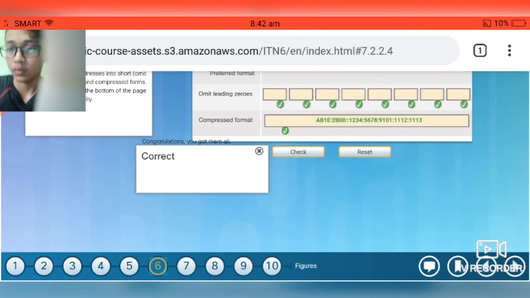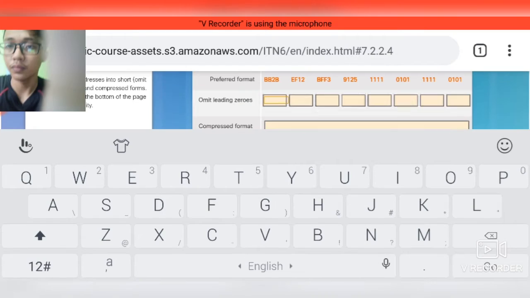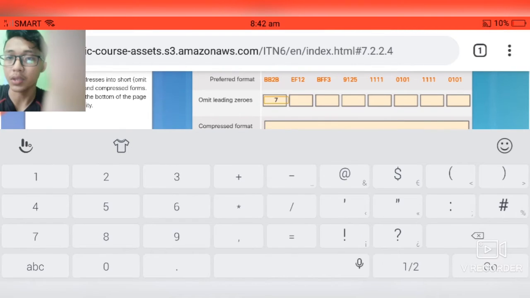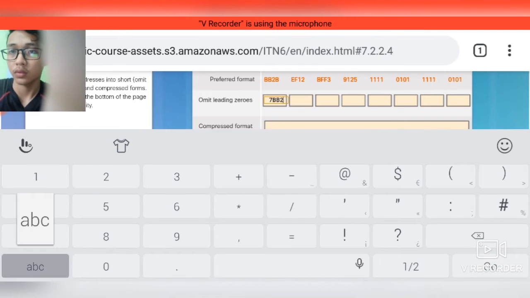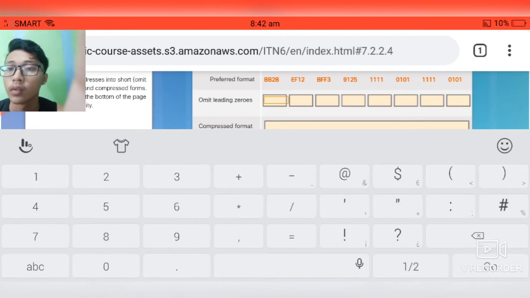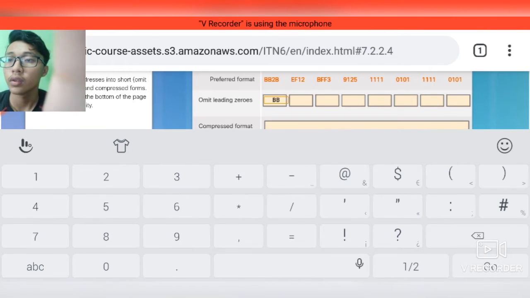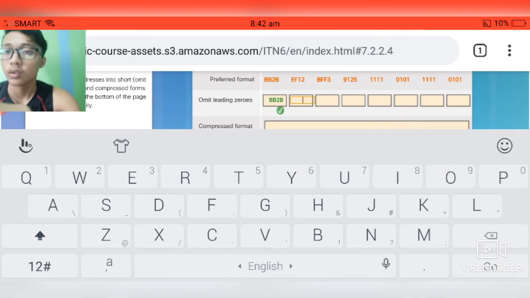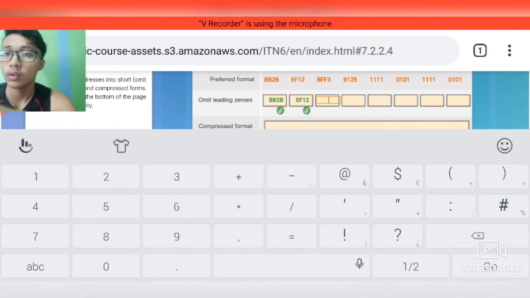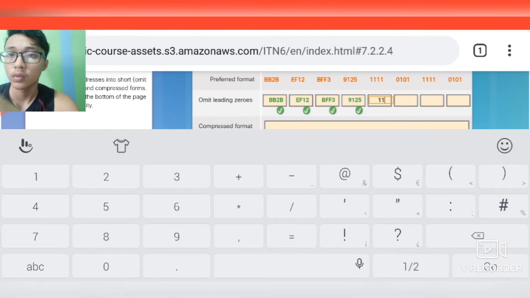Figure 6, BB, 2B. Have here BB, 2B, EF, 12, BFF, 3, 9, 1, 2, 5, 1, 1, 1, 1, 0, 1, 1, 1, 1, 1, and 1, 0, 1.